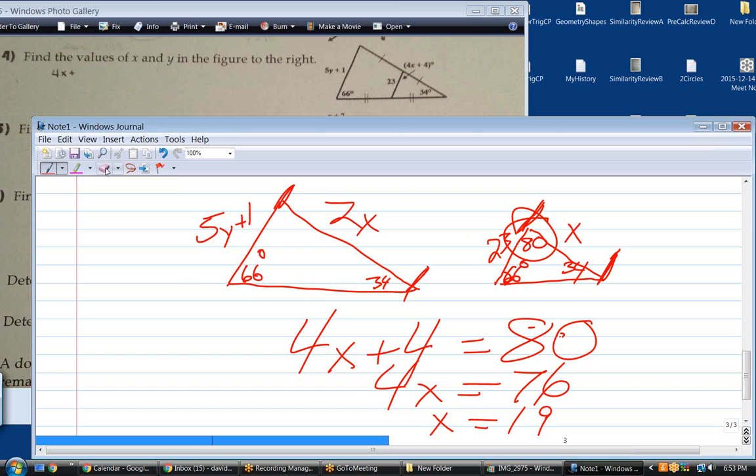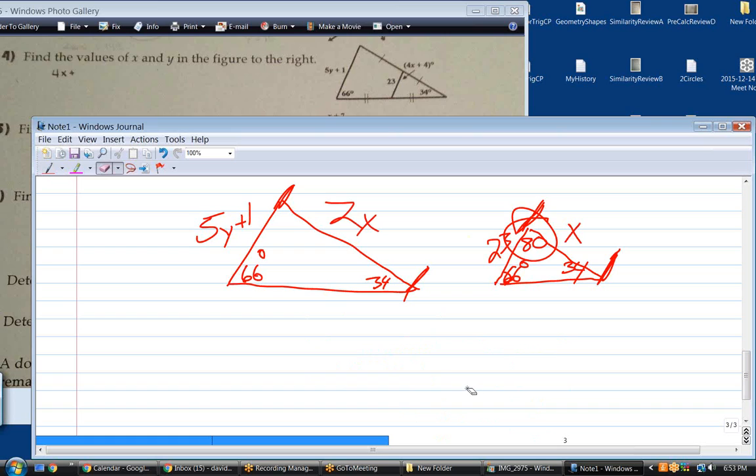But it's important to know the similarity ratio. Every side on the bigger triangle is twice the measurement of the corresponding side on the smaller triangle. Well, they tell us that on the smaller triangle, this side is 23. So what does this side have to be?